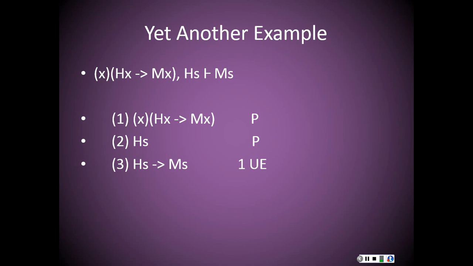So we are in a position to apply modus ponens to lines 2 and 3 to get the consequent of the conditional that occurs on line 3, which is MS, and which is what we want.